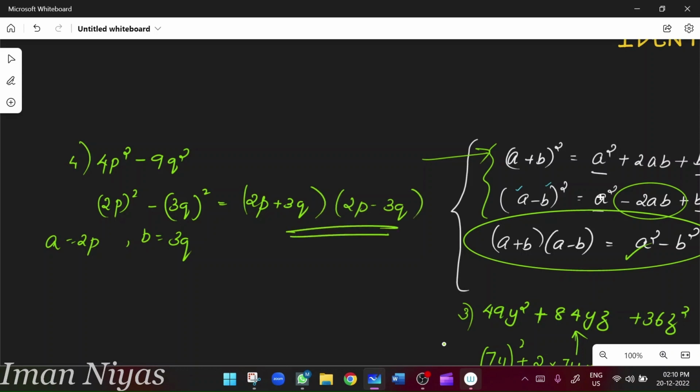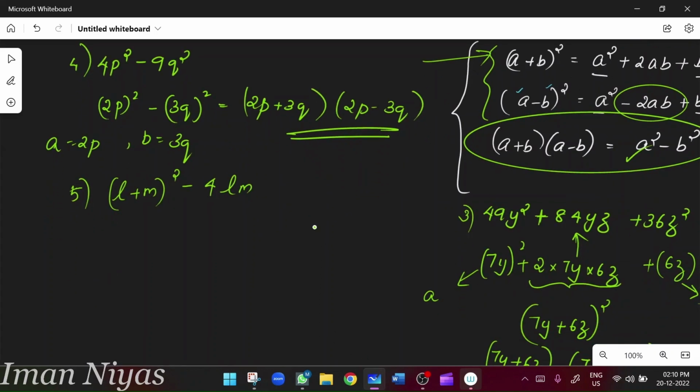Let me give you a question to do. Okay, so fifth question, you can see here L plus m the whole square minus 4lm. Take a few seconds and do it and then check the answer here. Okay, anyway, I'm going to explain it. So fifth one, you can see L plus m the whole square. This can we expand in the form of a plus b the whole square, where a is equal to L and b is equal to m.